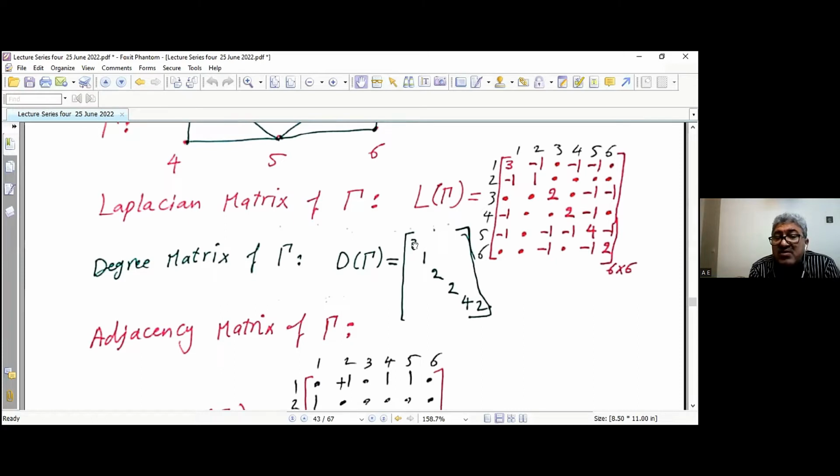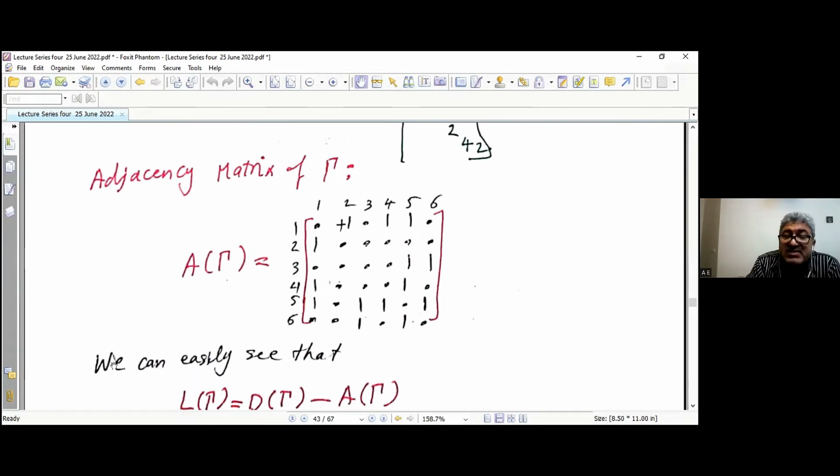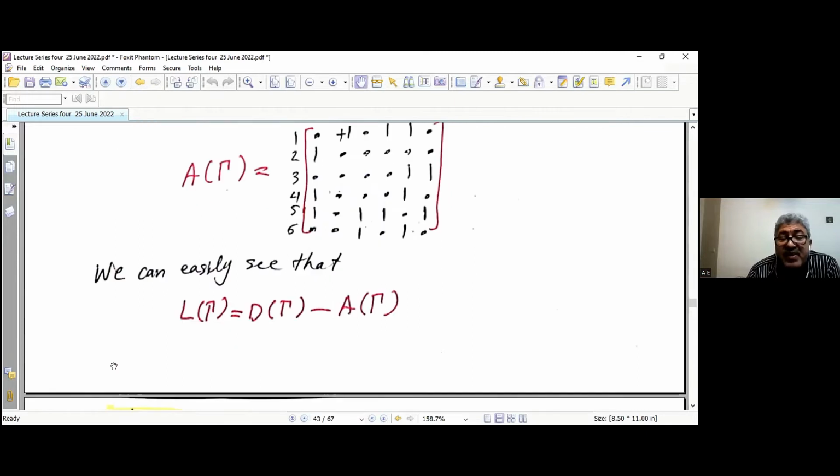On the diagonal, you can see the degrees of 1, 2, 3, 4, 5, 6: we have 3, 1, 2, 2, 4, 2. It is the same as the diagonal of the Laplacian matrix. Now here is the adjacency matrix, and the difference between the degree matrix and the adjacency matrix is the Laplacian.